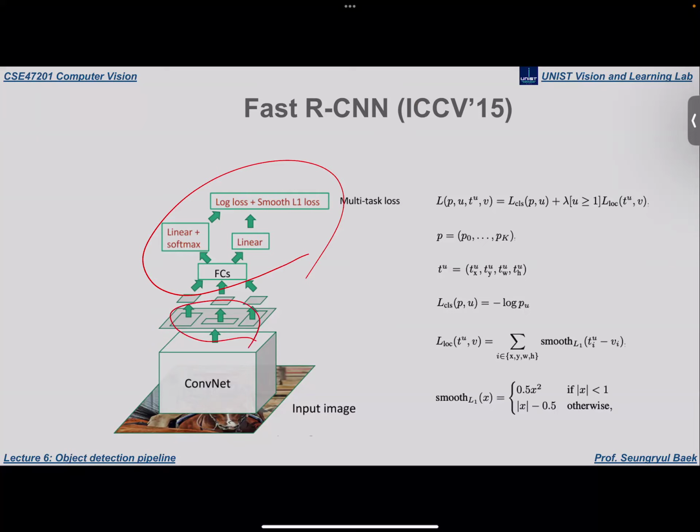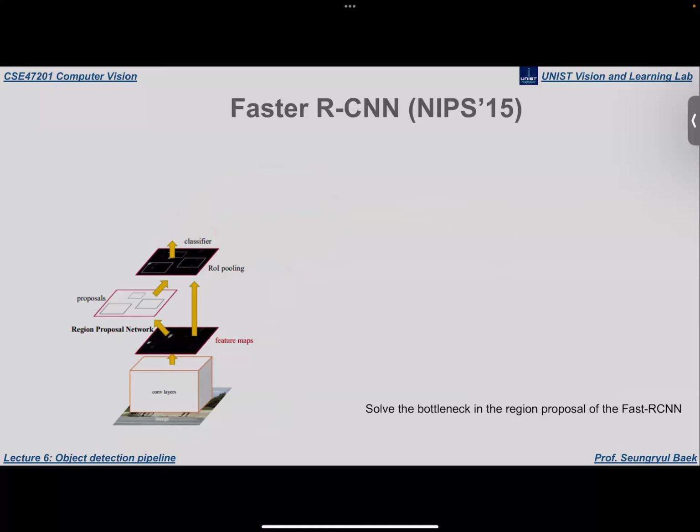So somehow we refine the initial bounding box. That's the fast RCNN. And faster RCNN removes the bottleneck on the object proposal side, because it was done using a clustering algorithm, which is not differentiable. That pipeline is not differentiable, so there is some sub-optimality in the module.